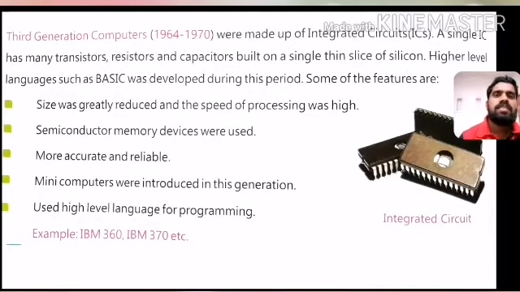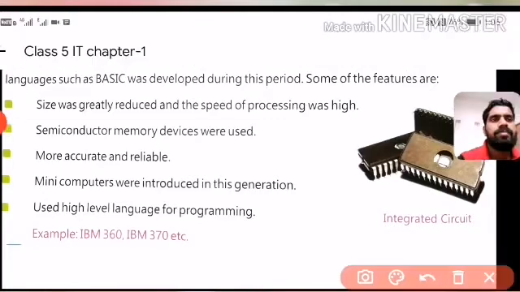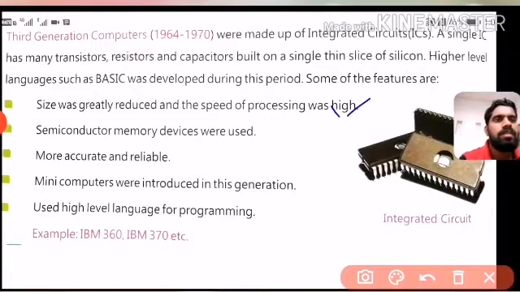Some of the features are: size was greatly reduced and the speed of processing was high. Semiconductor memory devices were used like RAM, ROM, etc. More accurate and reliable. Minicomputers were introduced in this generation.